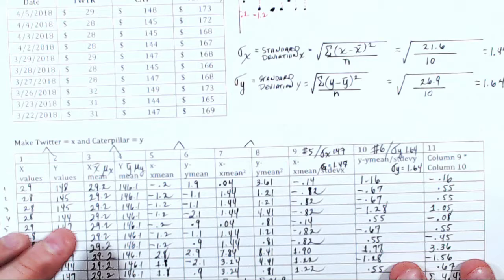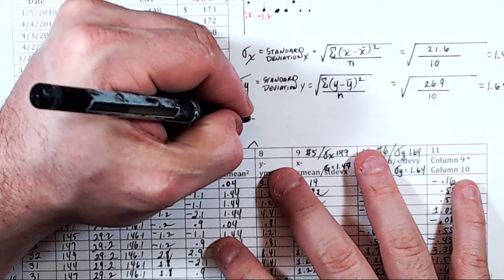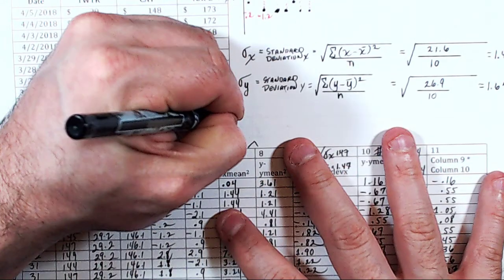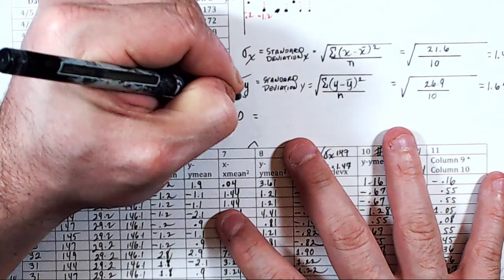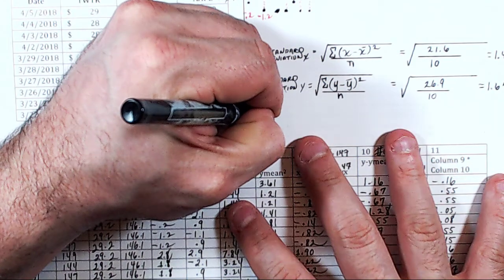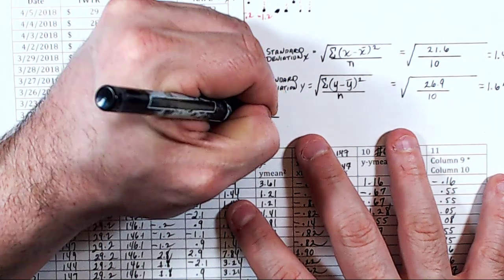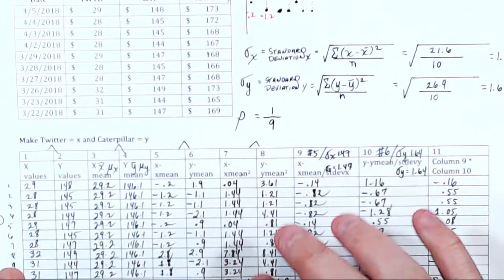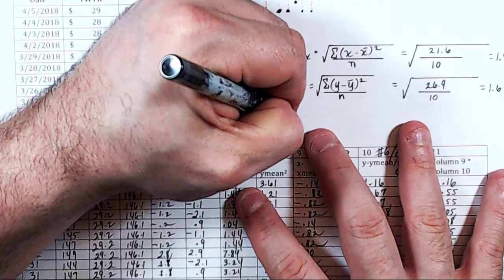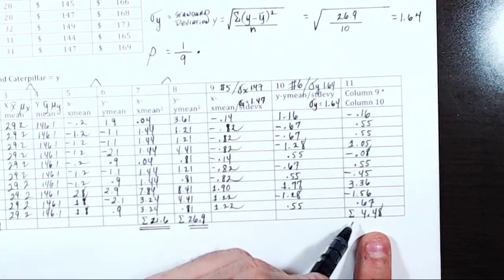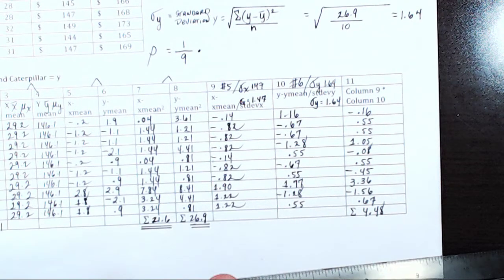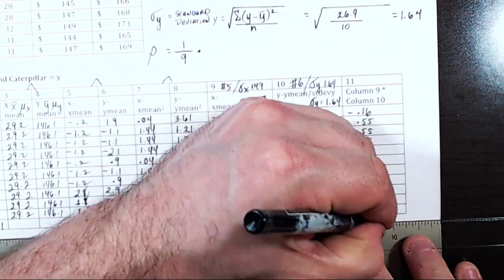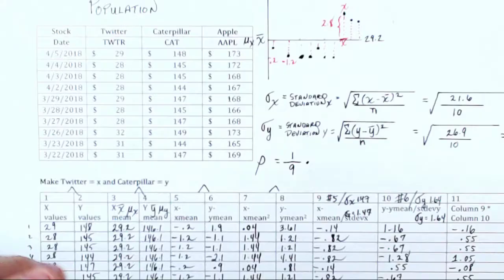Down right here, we'll put rho is equal to 1 over n minus 1, which is 9. Look back at the formula if this is confusing. Times this value right here, this guy right here, 4.48.